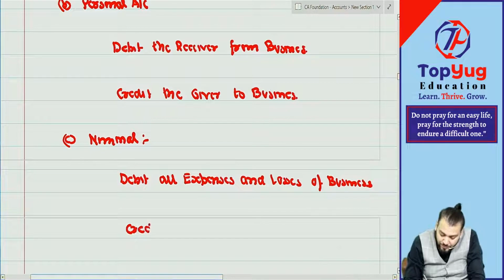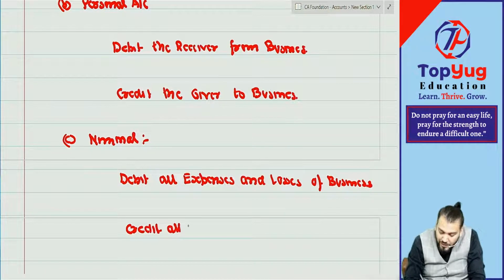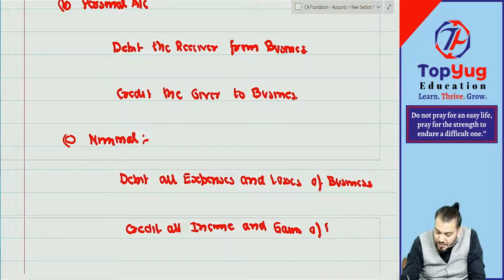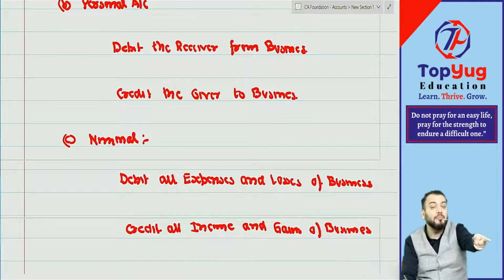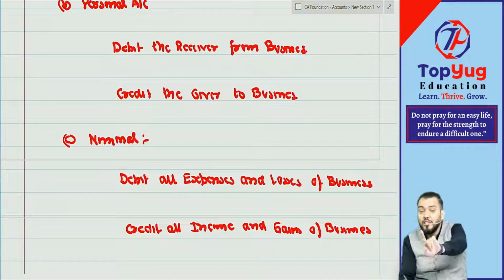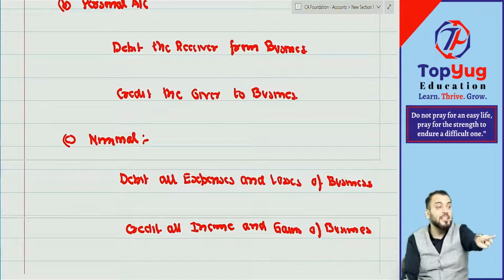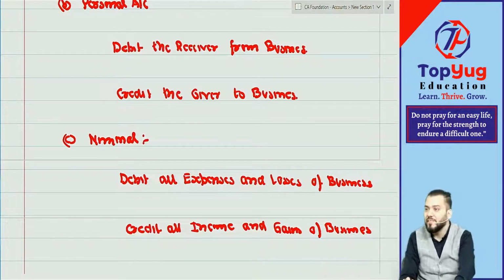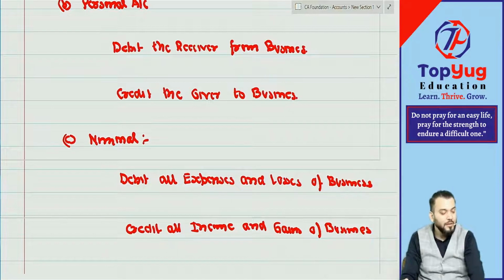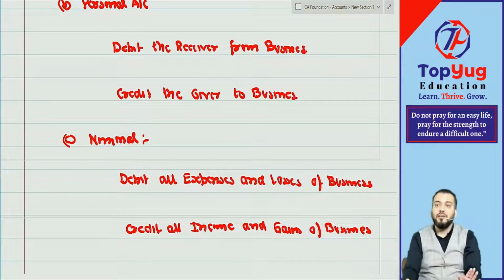Credit all income and gains of business. You need to identify what is income. If you can identify this is income, it will always be credited. If you identify it is an expense, it will always be debited. This is the rule. The rule is fixed, it cannot be changed.